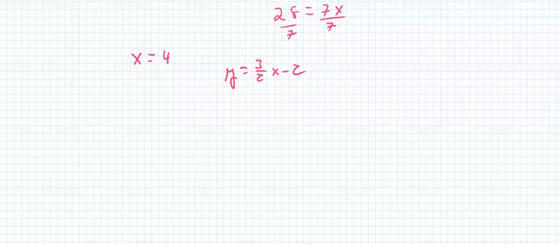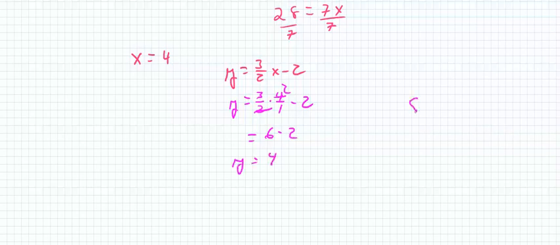And we know that x is 4. Y equals 3/2 times 4 over 1 minus 2. Y equals 6 minus 2. Y is equal to 4. So we have the ordered pair 4, 4. And then we check.